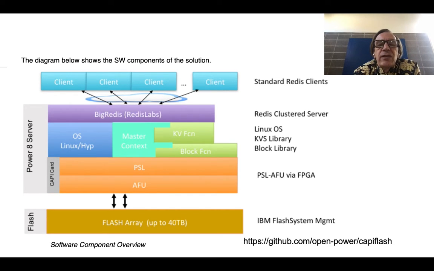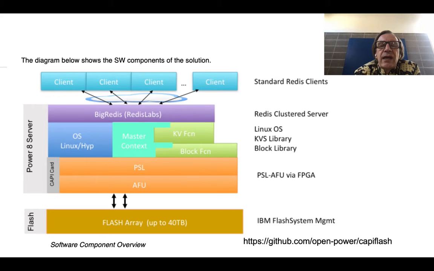A block library allows user space transfers from the storage device to host memory. We could have implemented byte level load stores as well, but because of the characteristics of Flash in this particular case, a user space block transfer was more efficient.